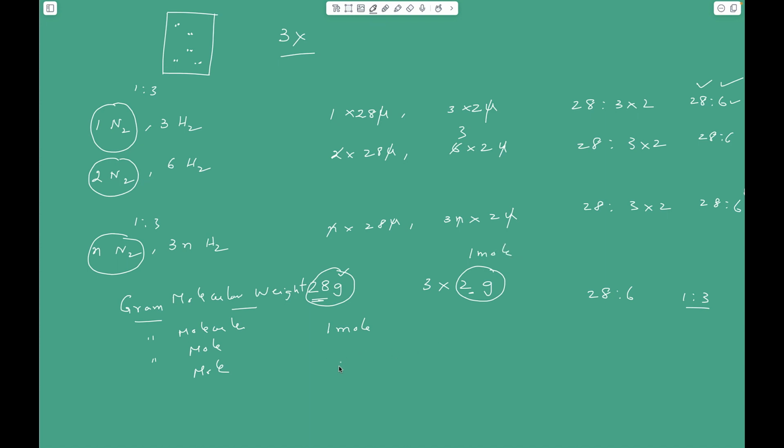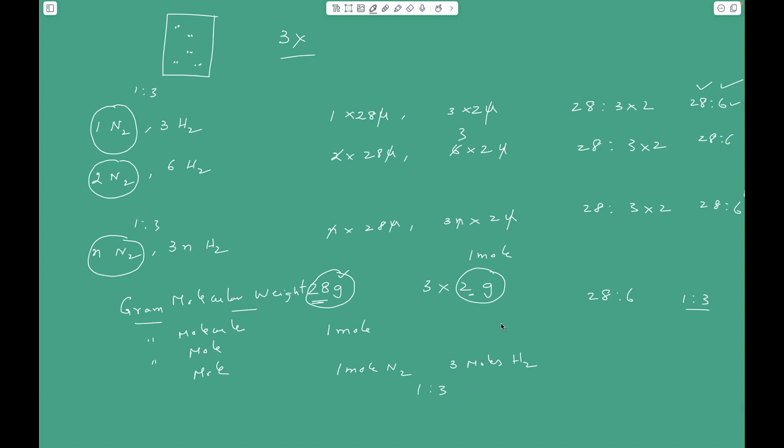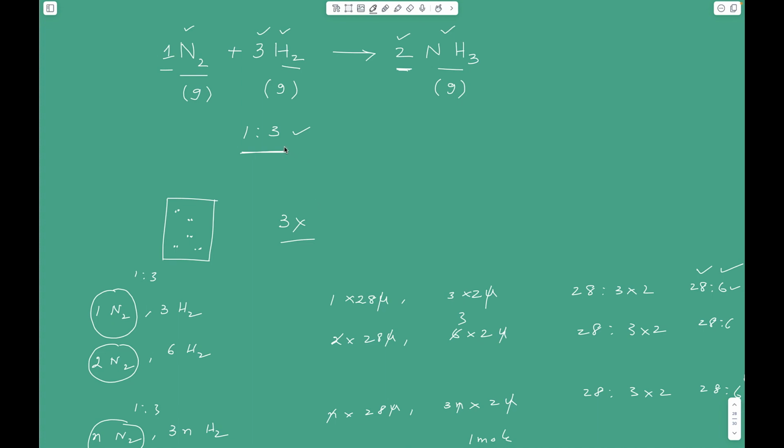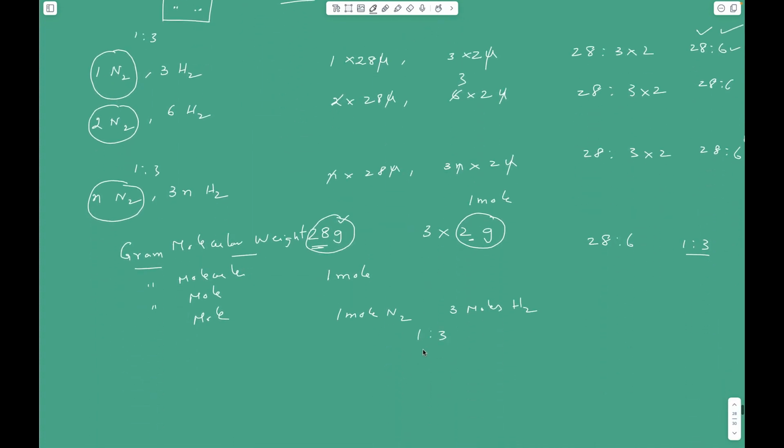So, in other words, 1 mole of nitrogen completely combines with 3 moles of hydrogen. And if you look at the ratio of the number of moles, it is again 1 to 3. So the ratio of the number of molecules is 1 to 3, and the ratio of the number of moles is also 1 to 3.